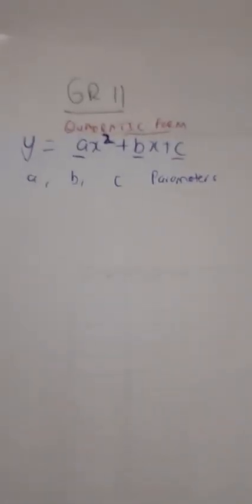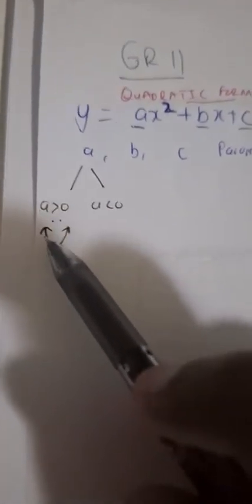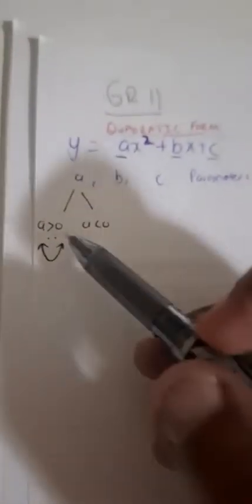So A, I think we've already exhausted A. If you didn't get it the first time round, A can either be positive or negative. This is what we expect when A is positive: we're expecting happy people, not sadness, because A is greater than 0.